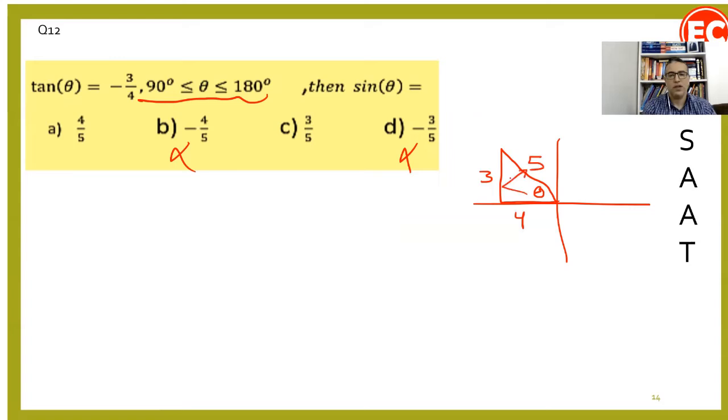So 3 over 5. And you may say that this is the opposite, this is the adjacent. And the sine is opposite over hypotenuse. So it should be the value 3. And here is the value 3. Directly, without any basics or sketching, from just knowing the ASTC rule.